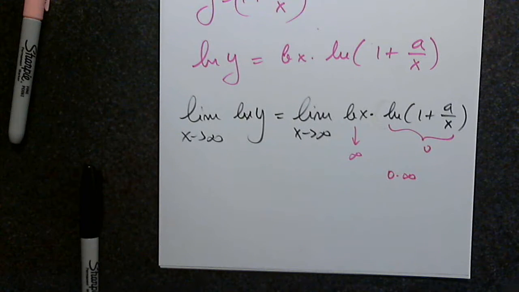Okay. Now, with one little manipulation, we can change it into either 0 over 0 or infinity over infinity. And no, we are not going to touch natural log. We can't. It would be insane. So then I have to do something else.